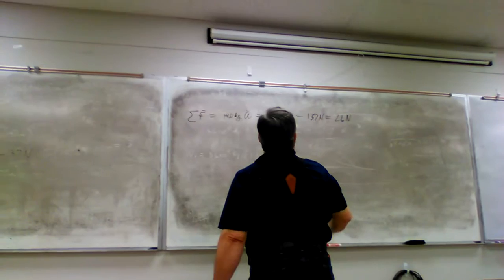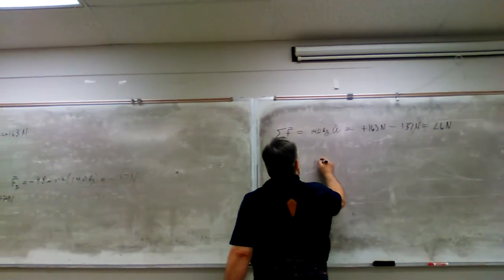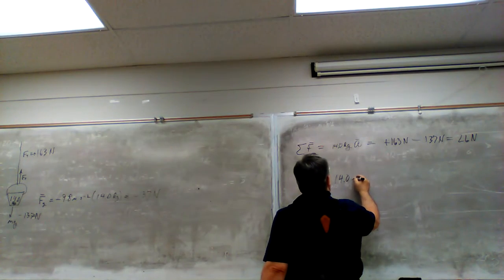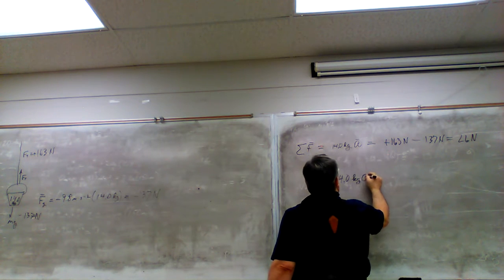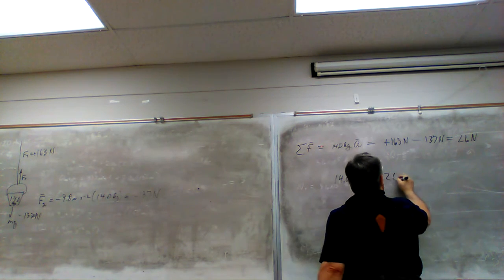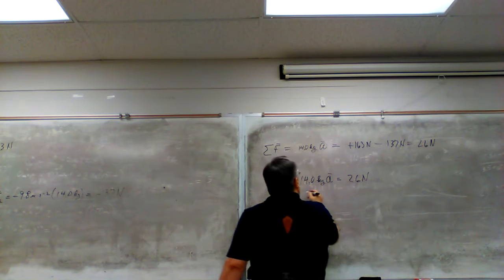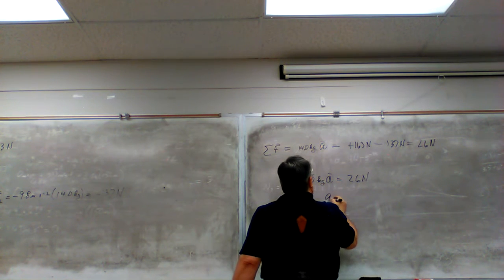All right. 14.0 kilograms times A equals 26 newtons. Divide both sides by 14.